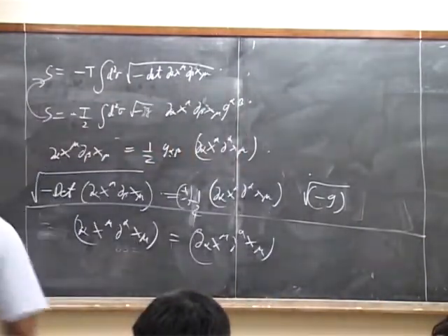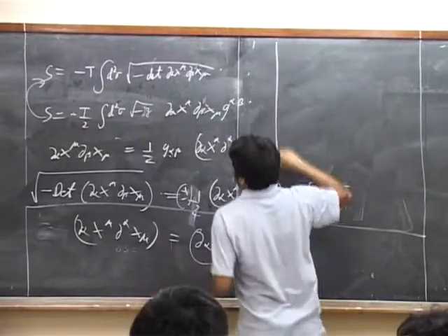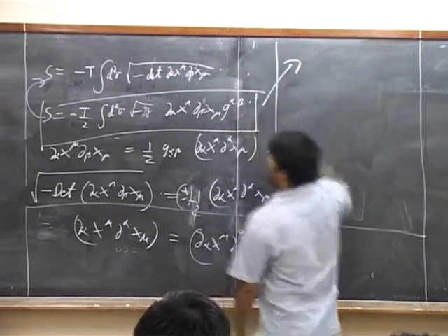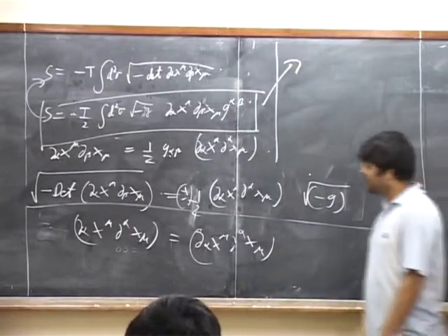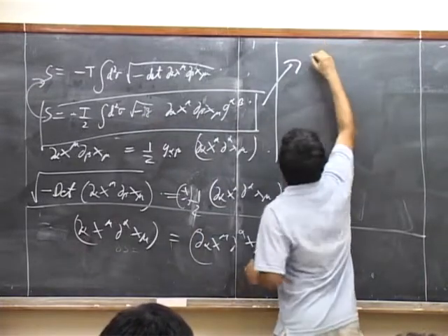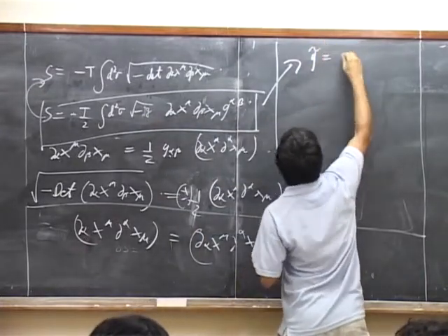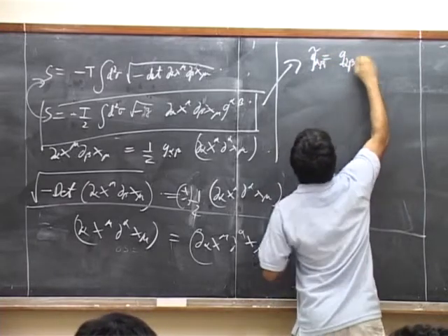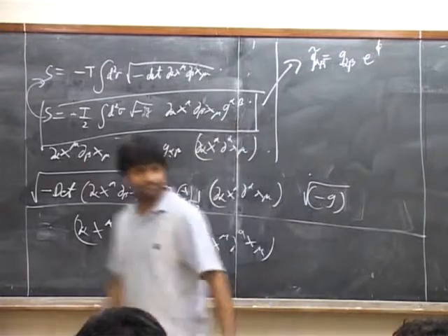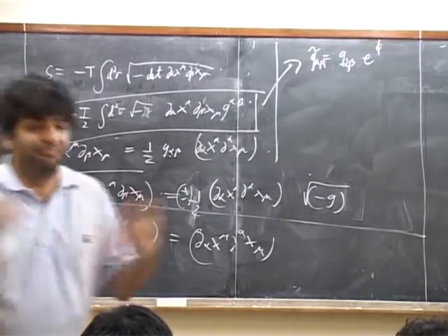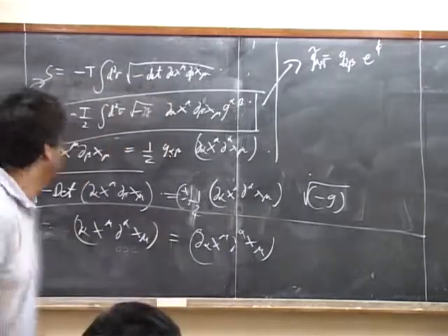Okay, let's see how that works. Let's look at this action here. Now consider 2 different metrics. g tilde alpha beta, which is equal to g alpha beta times e to the power phi, where phi is an arbitrary function of your worldsheet coordinates.